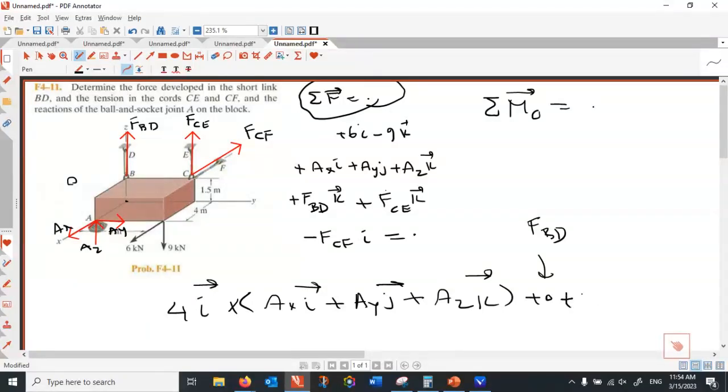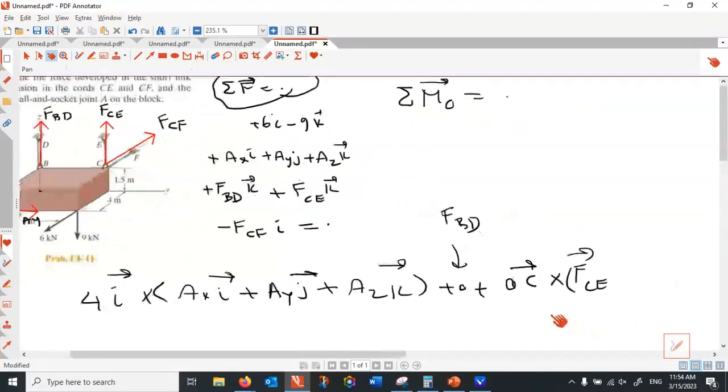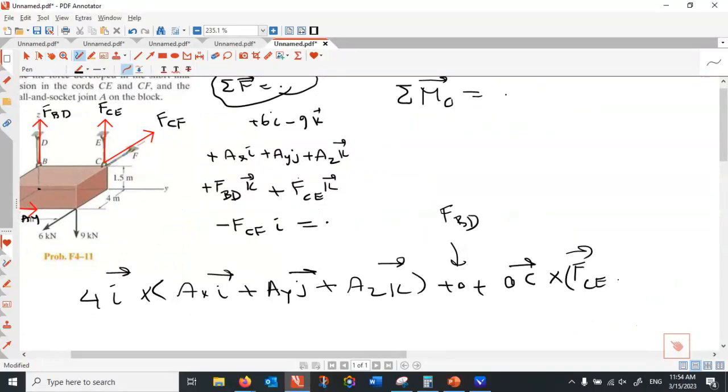So OC, I write this as a vector multiplied by FCE as a vector, and then FCF the same. I can take these two added together because they share the same position vector, plus FCF as a vector.